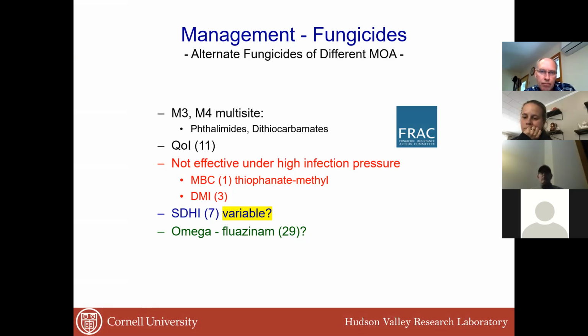We know that from previous efficacy trials, but we were mostly curious to see whether the new group of FRAC 7 group SDHI fungicides will be effective. And we know from the literature that they are variable in their effectiveness, but we wanted to see what their effect is in our conditions, and also use this new fungicide fluazinam. It's a FRAC 29 group, which has been shown in preliminary research from North Carolina to be effective against bitter rot.